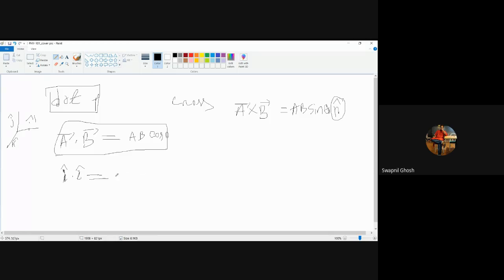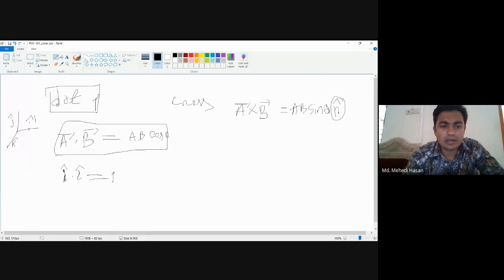It's 1, and the angle between similar vectors is 0 degrees.